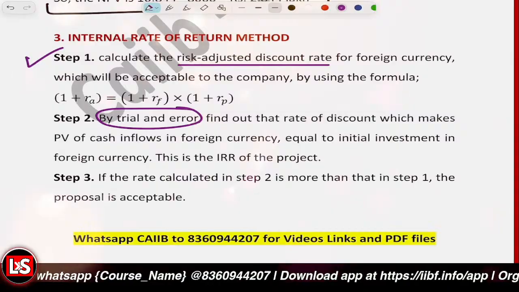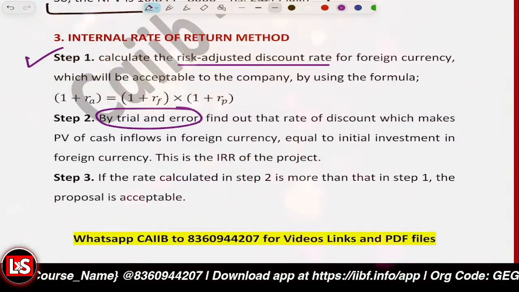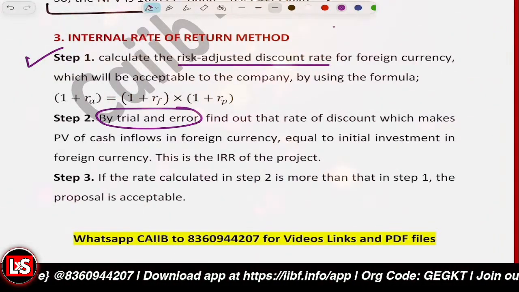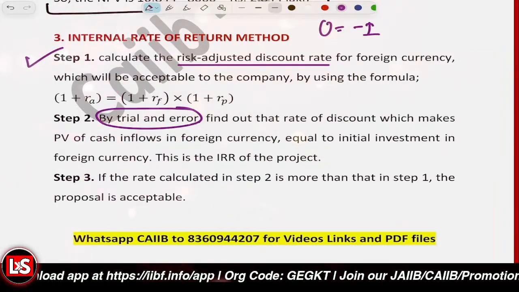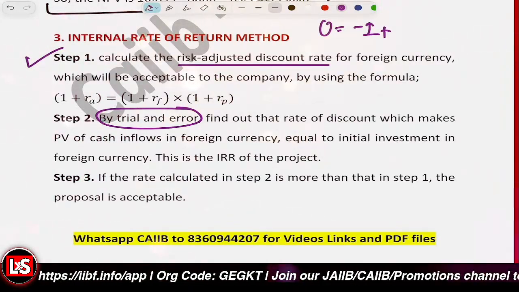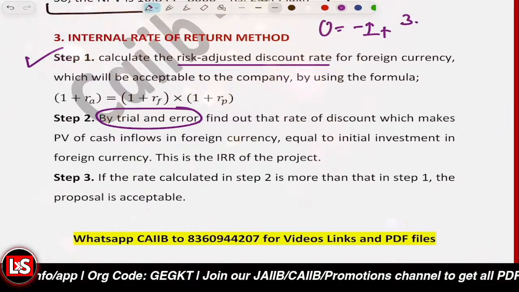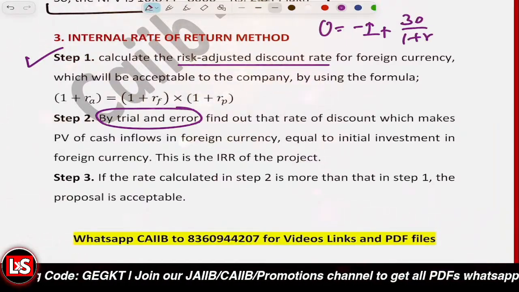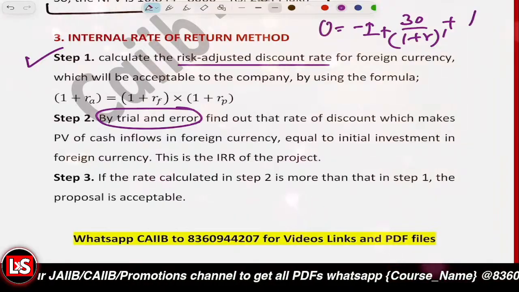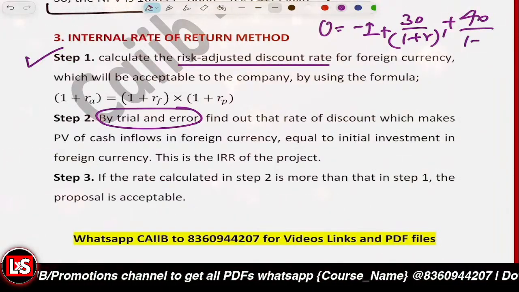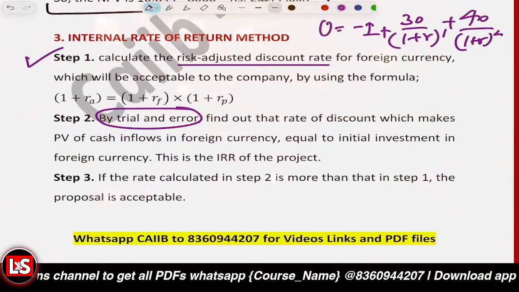So we'll have an IRR equation with us. The equation is 0 equals the initial investment minus I, plus the first cash flow, which in our case was 30, so 30 divided by (1 plus R) raised to power 1, and so on. Let's say the second is 40, divided by (1 plus R) raised to power 2, and so on.